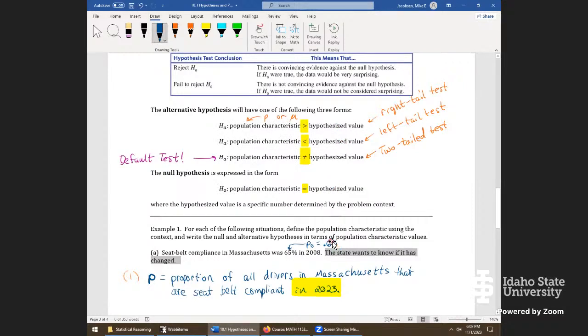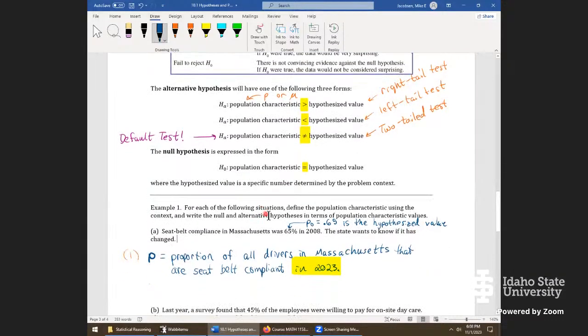That hypothesized value is everywhere in these kinds of problems. Let's write here, 0.65 is the hypothesized value. We want to know in the current year if it's still 65% or if it has changed, is what they're asking here in the problem.